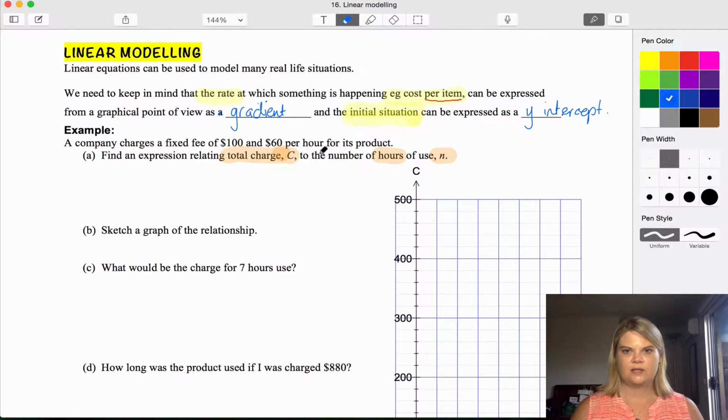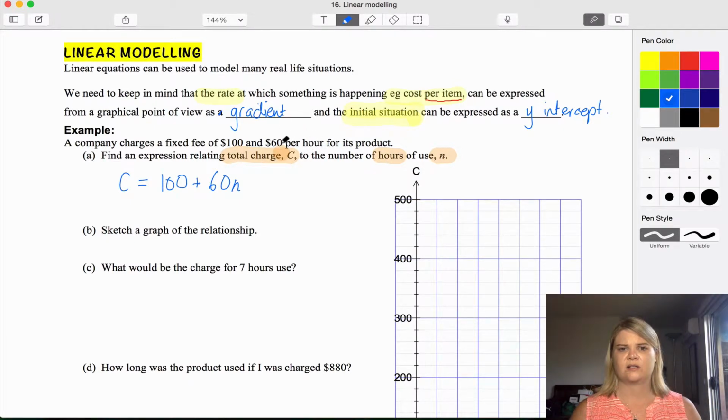So we've got C and N, and our total charge will be equal to $100 plus 60 times the number of hours. So it's 60N. If you weren't sure how to put this equation together, you could put in a number for the number of hours, say 5 hours.